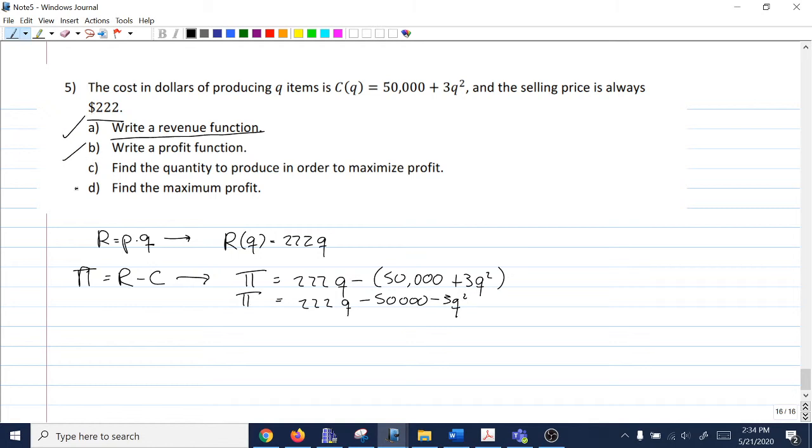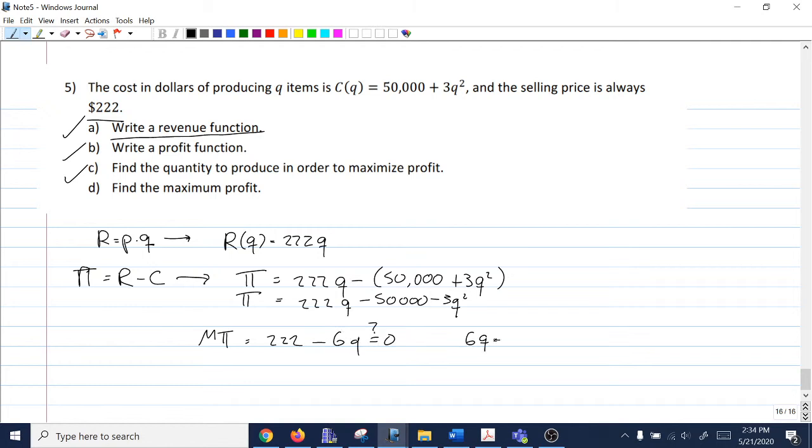Check, check. Find the quantity to produce in order to maximize profit. In this context, we don't care as much about did you prove that you showed your work, and this problem's not explicitly saying show how you know it is a maximum and not a minimum. Here it's just enough to take the derivative, set it equal to 0. What's the derivative of profit? It's 222 minus, this constant goes away, minus 6Q. When does it equal 0?